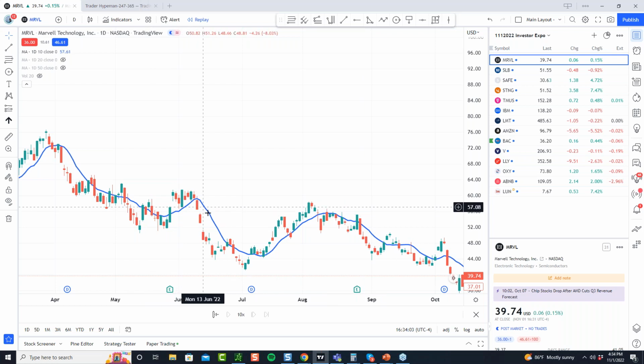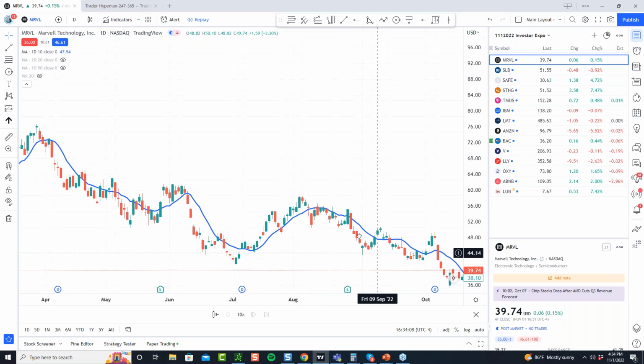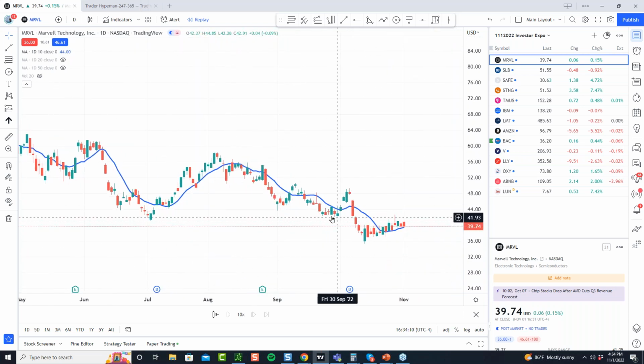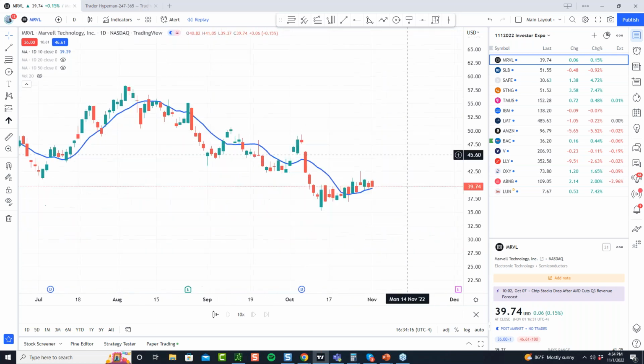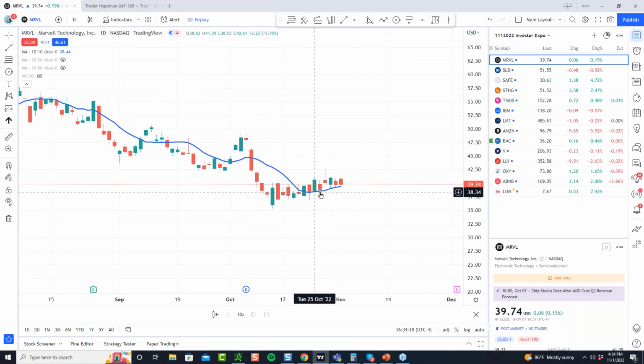Because it's a 10-day average, it runs very close to the candlesticks. So anytime you see, like we are right now, these opens and closes and lows forming a level of support underneath the last 1, 2, 3, 4, 5, 6, 7, 8 bars.